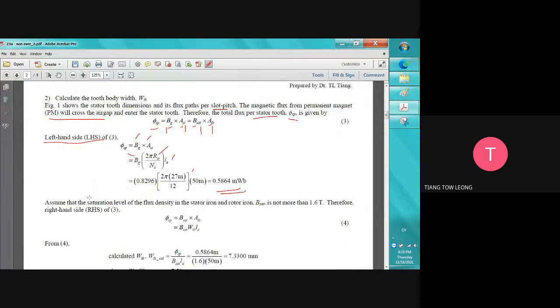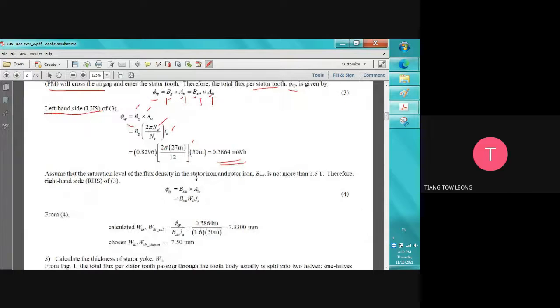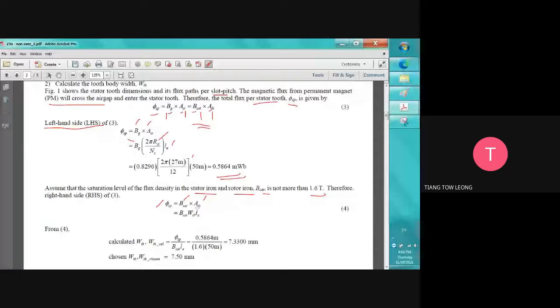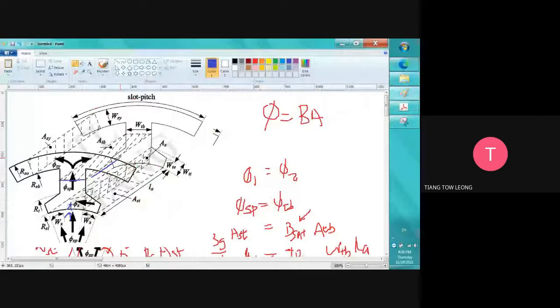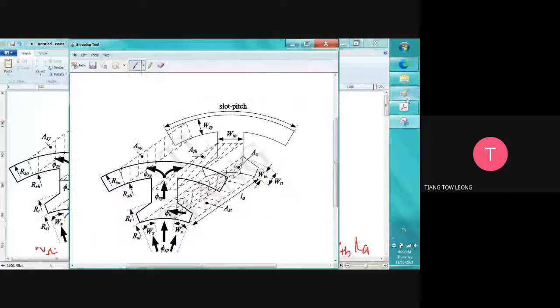Then assume the saturation level of the flux density in the stator iron and the rotor iron, B set, is not more than 1.6. Therefore, the right hand side is the flux of the stator pole, equal to B set times ATB. ATB is WTB times LA.